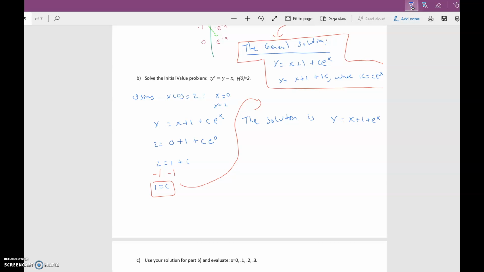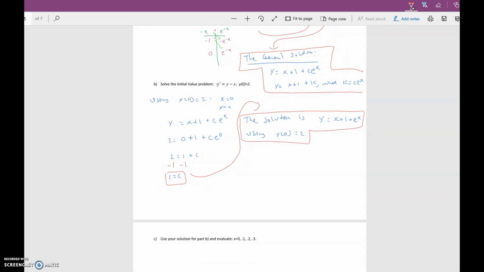Technically, this is using the initial condition of y of 0 is equal to 2. Okay, so that is the particular solution.